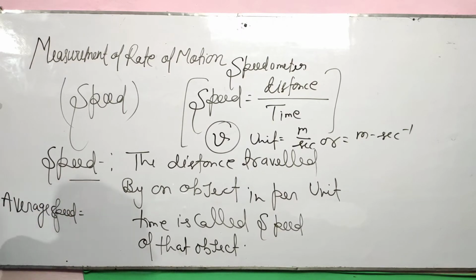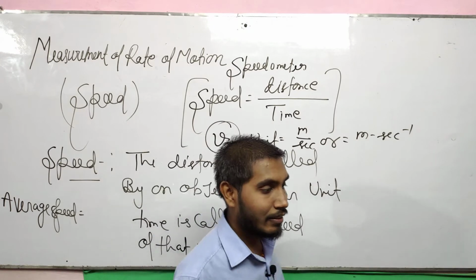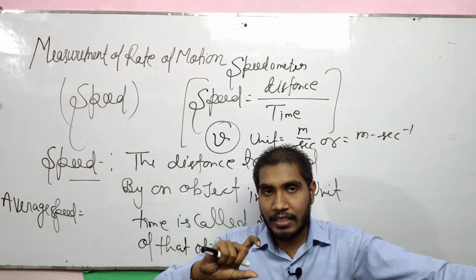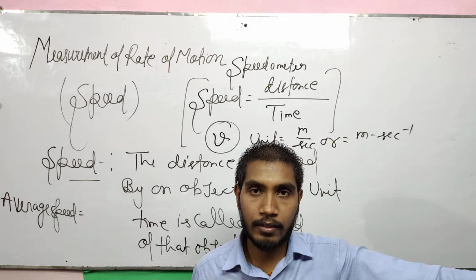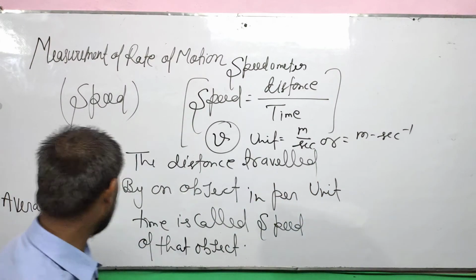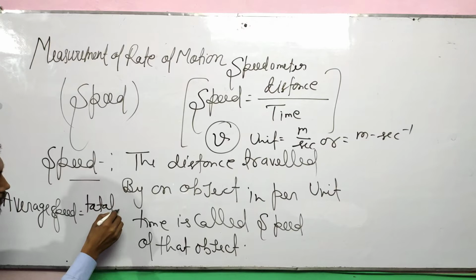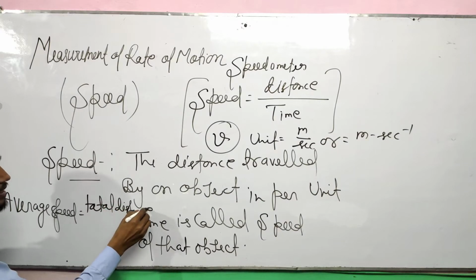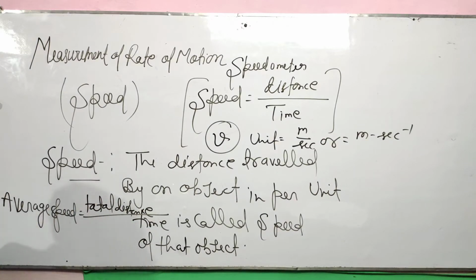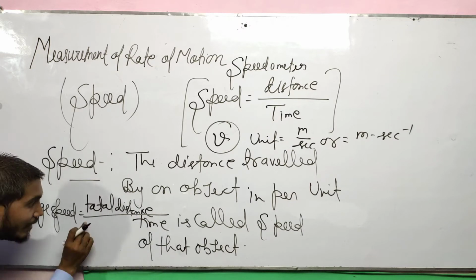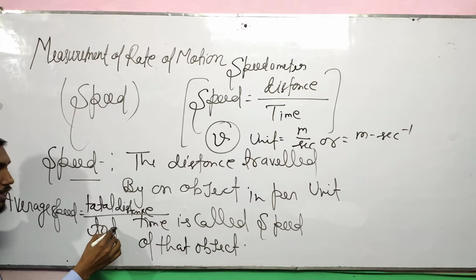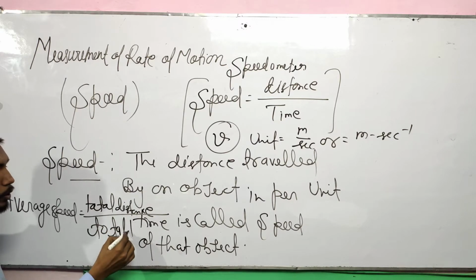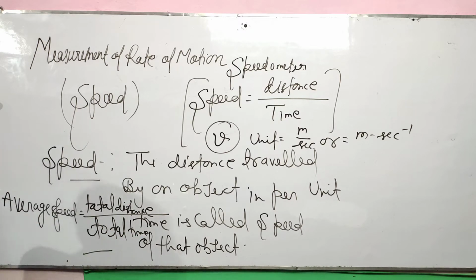What is the average speed of any object? The total distance traveled by the object divided by the total time taken is called average speed.